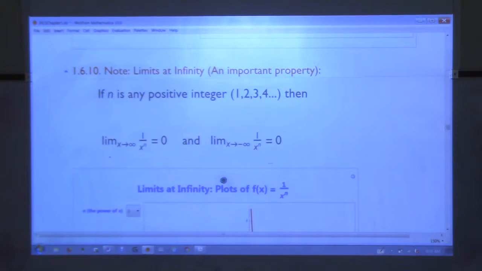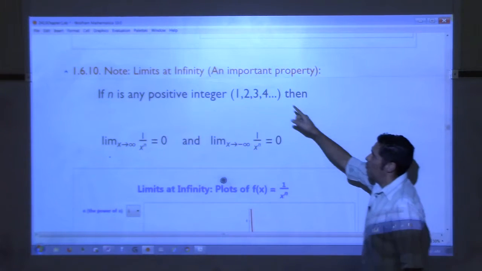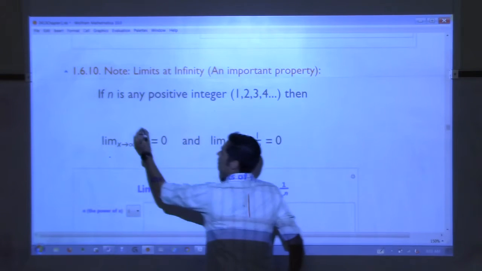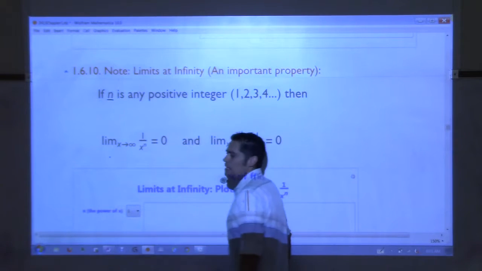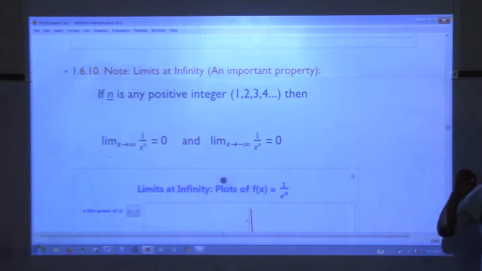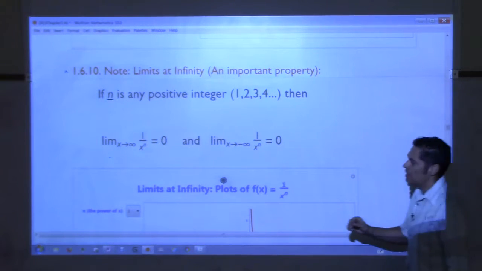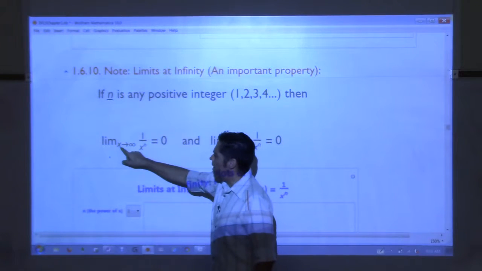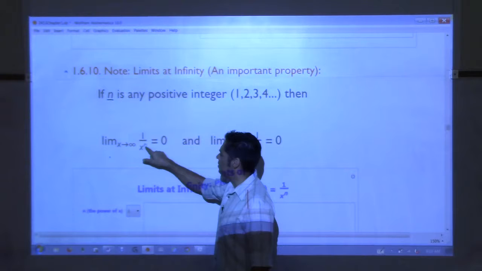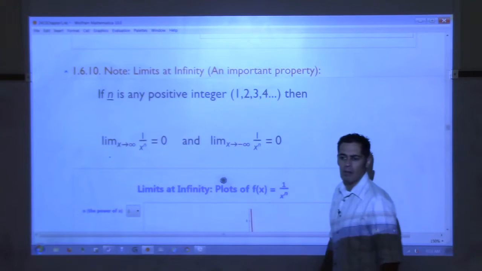And here it is. This is an important property: if n is any positive integer, 1, 2, 3, 4, doesn't matter, as long as it's a positive integer, and you're taking the limit as x goes to infinity of 1 over x to the nth power, the limit is 0.